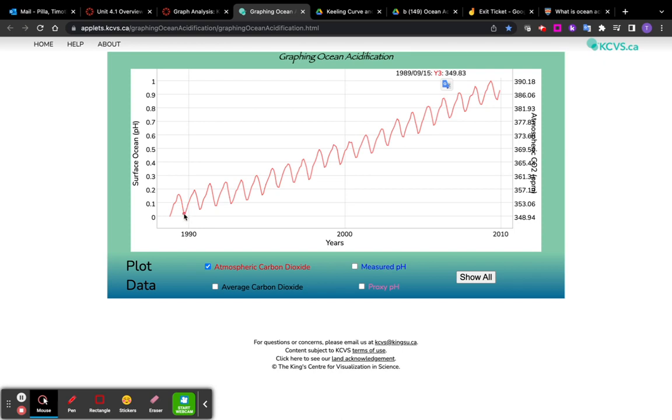Then the next year, on September, it's lower. May, higher. September, lower. May, higher. Why does it go up and down like this? We can certainly see a trend here, but that question is asking you, how come it goes up and down? It seems like it goes up and down each year.